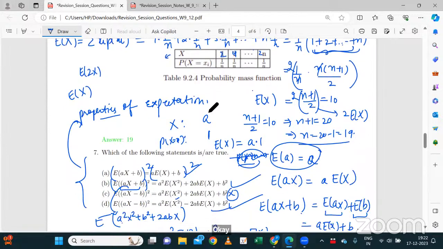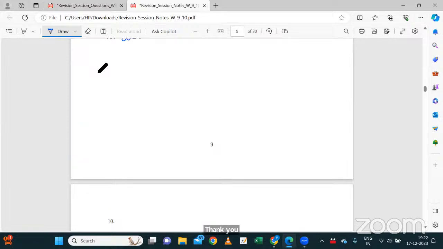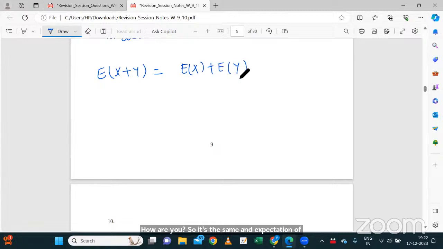Similarly, suppose you have two random variables, X plus Y. It's the same as expectation of X plus expectation of Y. This is the property we can verify. We are not going into the derivation part here.